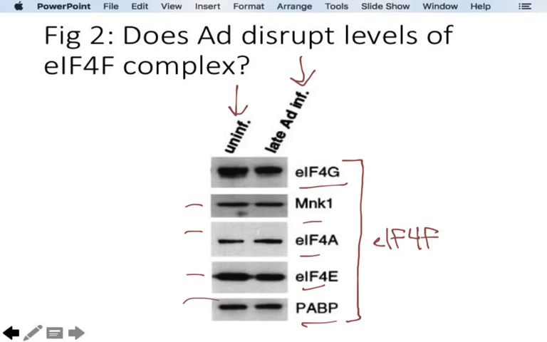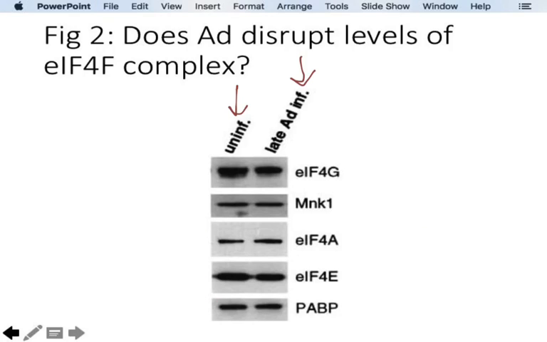Well, that's what I noticed with this. There's not another Western with a housekeeping protein or something that you could refer to. Because if you didn't have that, you could be like, well, it seems like a couple of them are actually darker in non-infected. So if you had a loading control, then if you saw that loading control was darker than the other one, then you know that you have that issue.